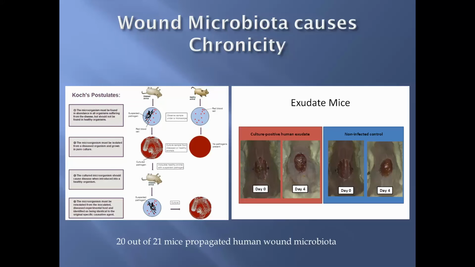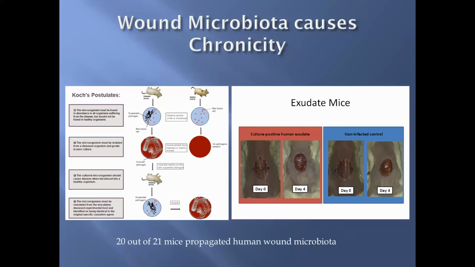First, we have to prove that a chronic wound is a chronic infection, and we turn to Koch's postulates for this. Koch's postulates fell out of favor for a few years, but in simple microorganisms that don't require any vectors or any strange things to happen before they can infect, transferring that into an animal model that can demonstrate the infection is just simplistic, and it's easy, and it's a good model to use.